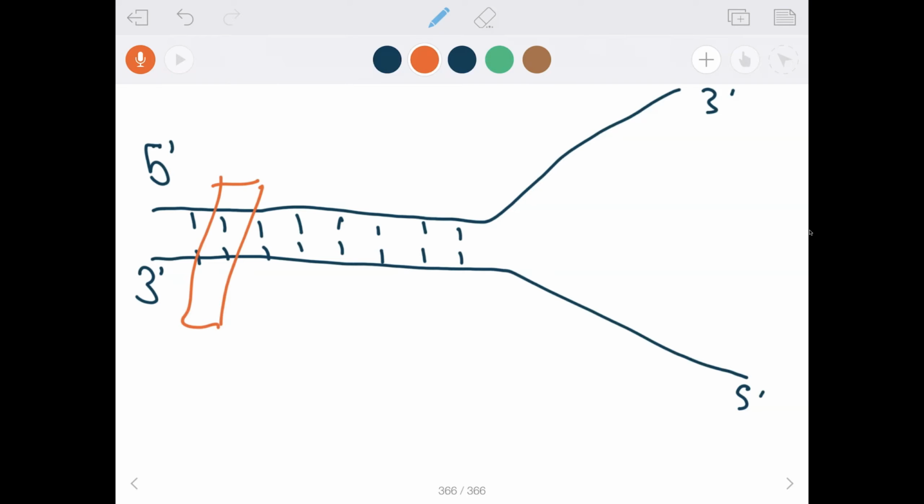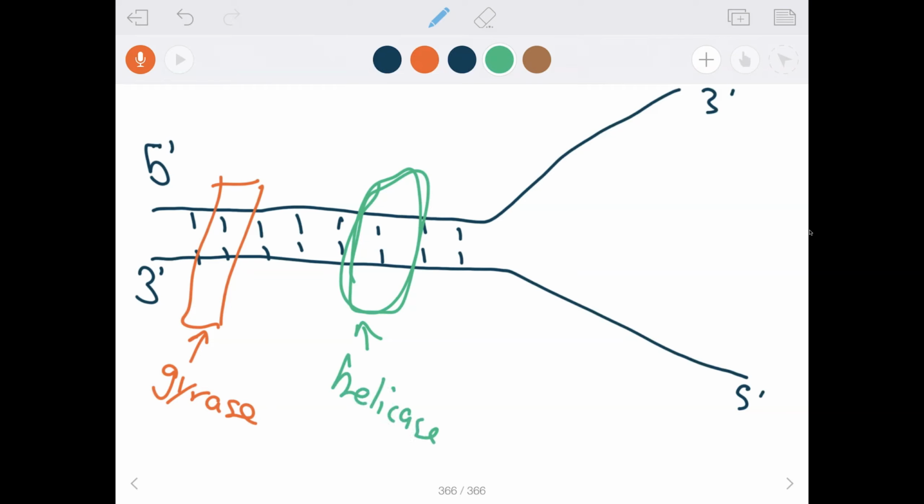A winding staircase. So there has to be an enzyme that unwinds it. Gyrase. Followed closely behind by the enzyme that unzips the DNA, helicase.